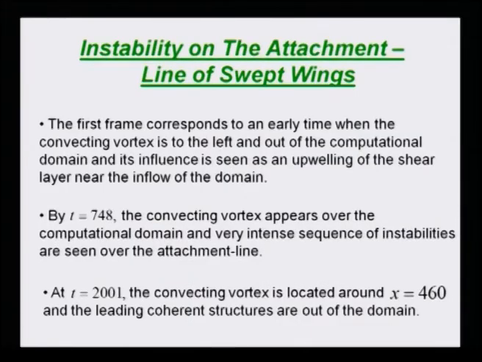Now, in fact, if you look at the first frame, the top frame, that corresponds to a time when the convecting vortex is outside the computational domain. So, even there, when it was out of the computational domain, its influence is clearly seen here.